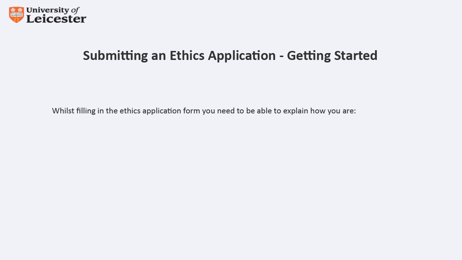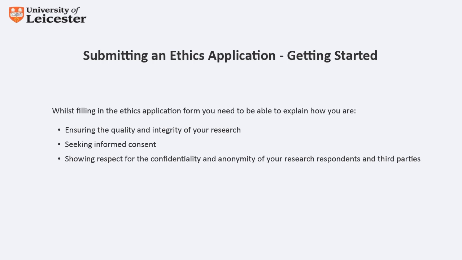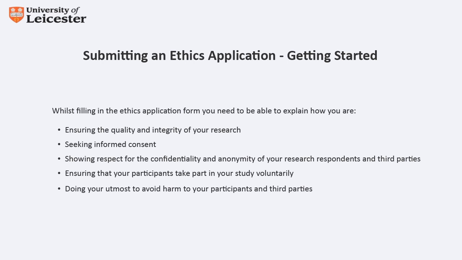Whilst filling in this ethics application form, you need to be able to explain how you are ensuring the quality and integrity of your research, seeking informed consent, showing respect for the confidentiality and anonymity of your research respondents and third parties who might not be participants but who are referenced or made visible in your research, ensuring that your participants take part in your study voluntarily and know their rights to leave the research or withdraw consent at any time, doing your utmost to avoid harm to your participants and any third parties, and demonstrating that your research is independent and impartial.